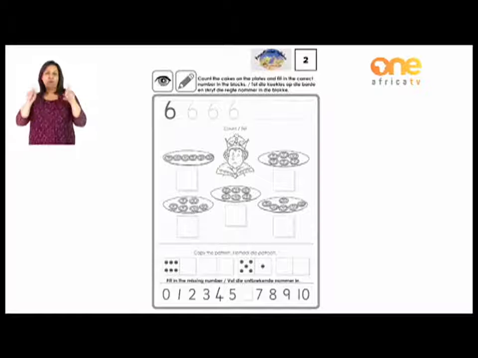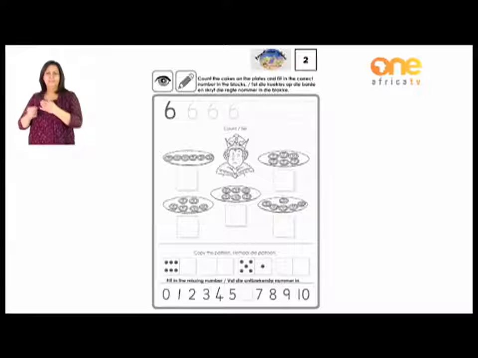Now, before we count and fill in the number, remember in our previous page, we practiced how to write the number 6. We need to join the dots of all the numbers that we see on top and continue writing until the end of the page.